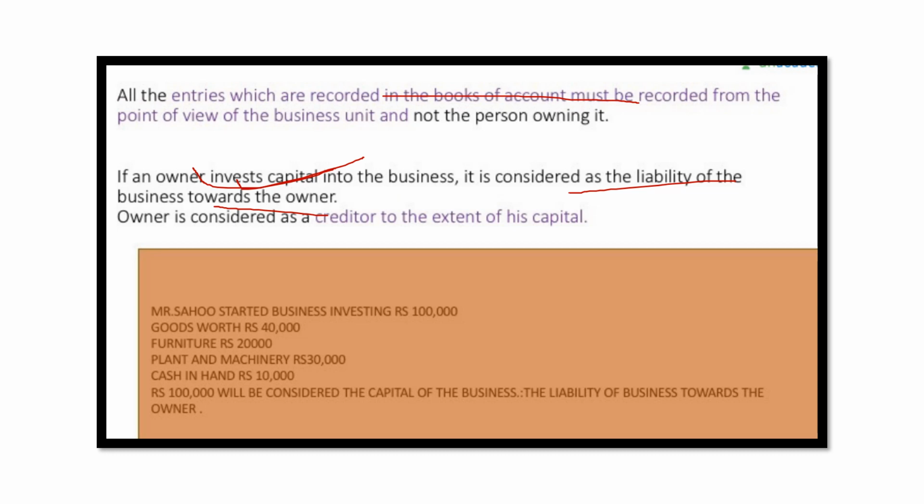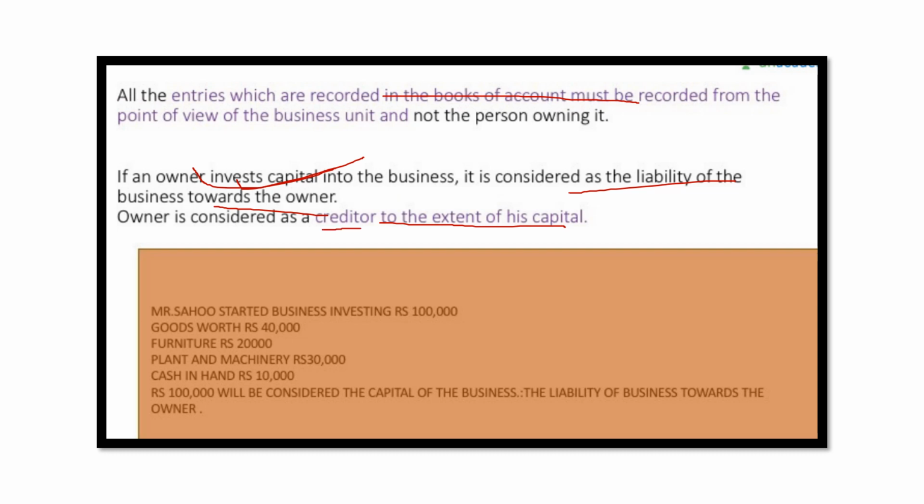Let us see a simple example: suppose you make an investment in some company, you will get returns or interest out of that. It is the same for the owner. If the owner invests capital into the business, it is considered a liability of the business towards the owner. The business is liable to pay money to the owner to the extent of his capital. That is, the owner is considered a creditor to the extent of his capital. Creditor means the person to whom the business owes.